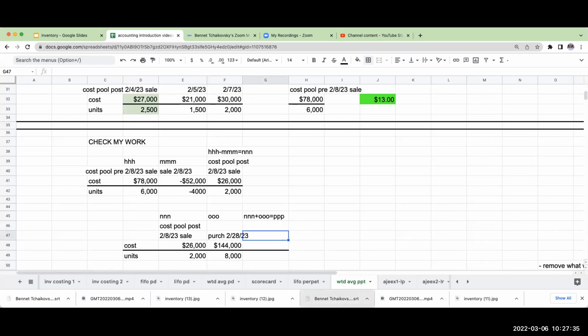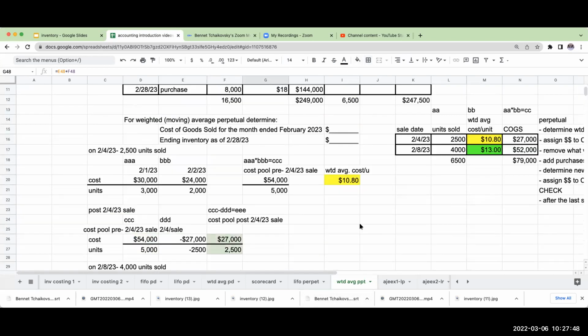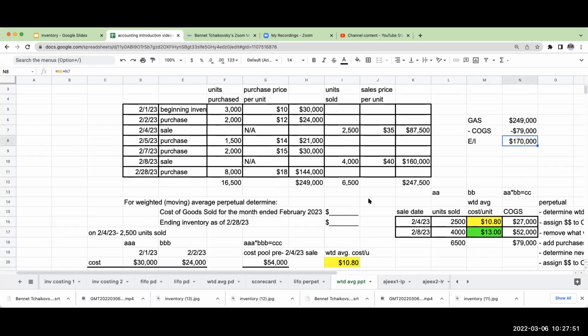So my ending inventory is going to be 26,000 plus 144,000 divided by 10,000, or 170,000. Now, this is very important, right? Why? This 170,000 is exactly what we computed up here.